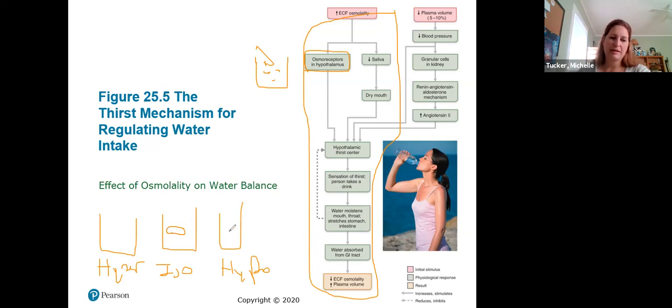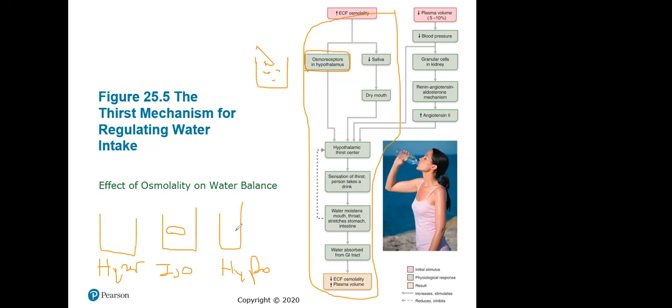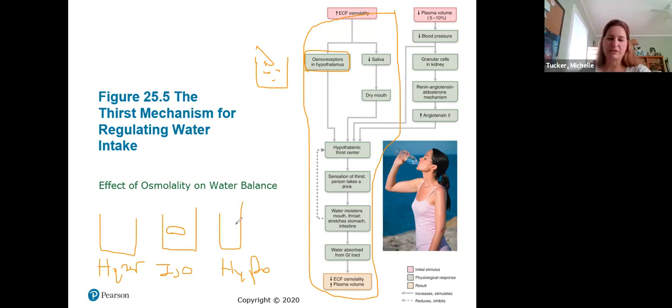In hypotonic, does anyone remember if the cell, did it swell or did it shrink? In a hypotonic solution, the red blood cell swelled up because the water moved from high water, low salt into the red blood cell. In hyper, it shrunk, okay? So it crenated.